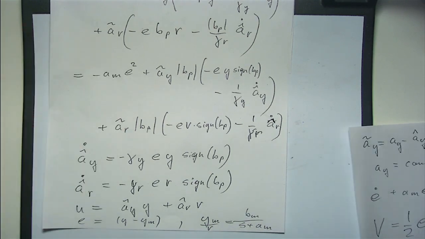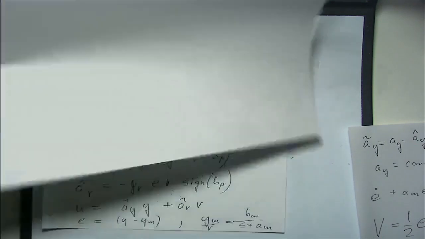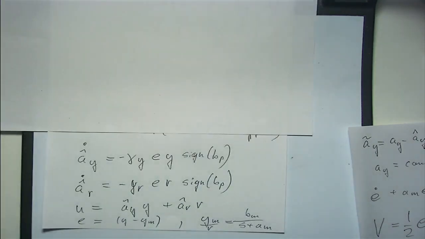If you just cover this all up, in principle we have a first order system. Our plant is a first order system of a very specific structure.